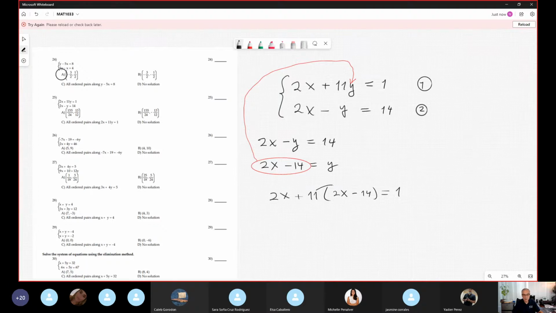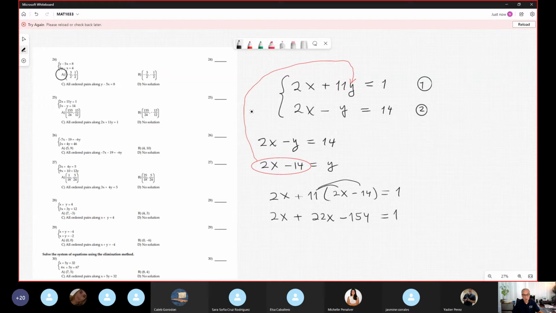Okay, now distributing. Multiplication. 2x plus 22x, because 11 times 2, and 14 times 11, I put it in the calculator, of course. 11 times 14 is 154. So minus 154 equals 1. Cool.